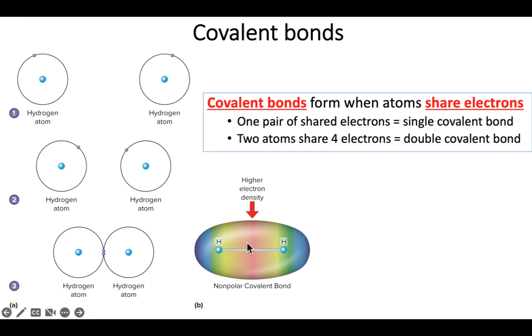So you could have a single pair being shared. If one pair of electrons is being shared, it's a single covalent bond. You could have two pairs, or basically four electrons being shared. That forms a double covalent bond. Strongest of the bonds, the key word is sharing electrons.